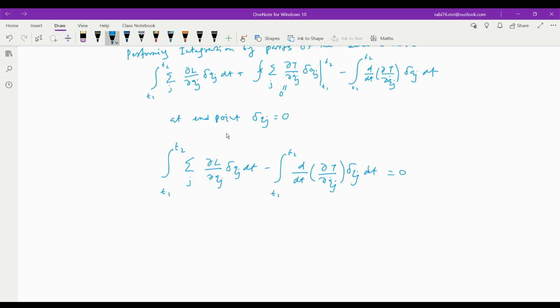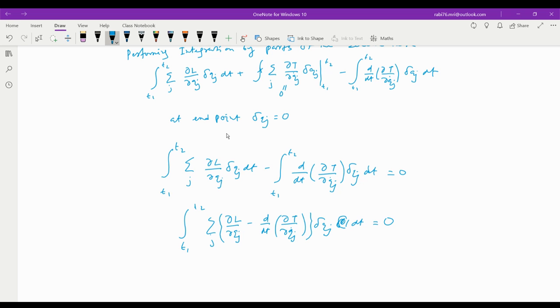So bringing back again the terms, integration t1 to t2, the terms are now d/dt of del L del qj minus d/dt of del T del qj, summation over j, delta qj dt. This is equals to 0.